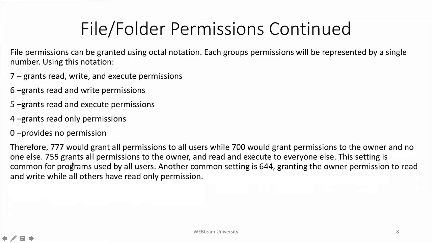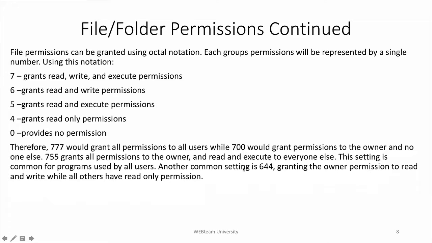Something that's pretty common is 755. And if we look up here, we can see that's going to be for the owner, full permission, and then read and execute for everyone else. We want people to be able to see and run a program, but we don't want them to be able to make changes to it. So you'll see 755 used a lot.